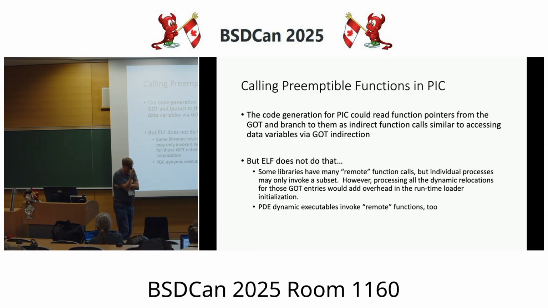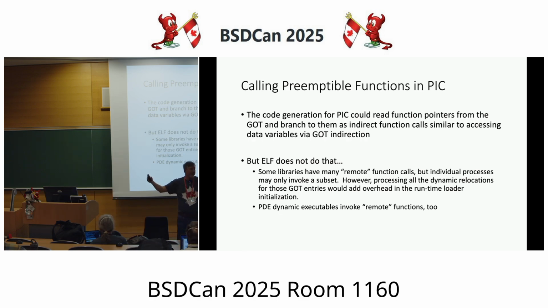But ELF doesn't do that for a couple of reasons. One reason is that many libraries might have a lot of potential remote functions we might want to call that are associated with a lot of GOT entries. If you directly have the compiler always assume it's going to read from the GOT directly and call the function, then every time you would relocate one of these shared libraries, you have to go and populate all those GOT entries.